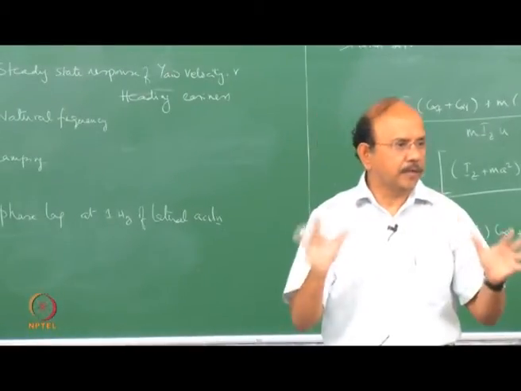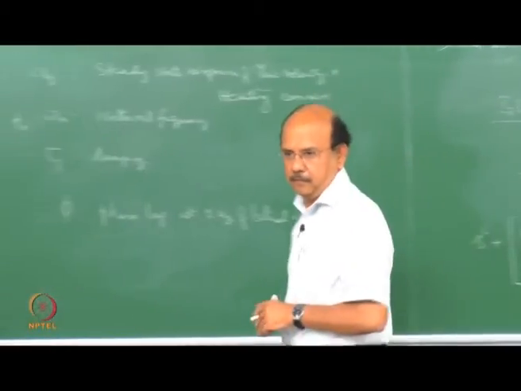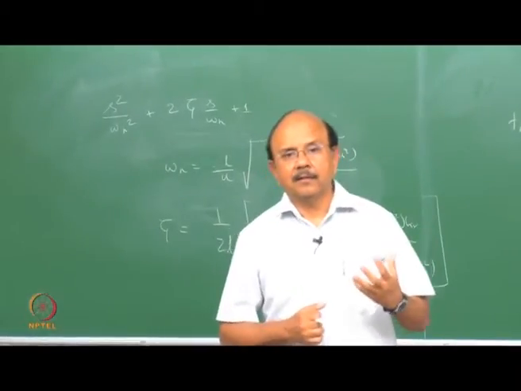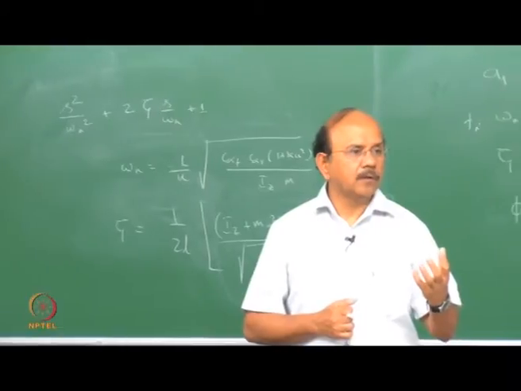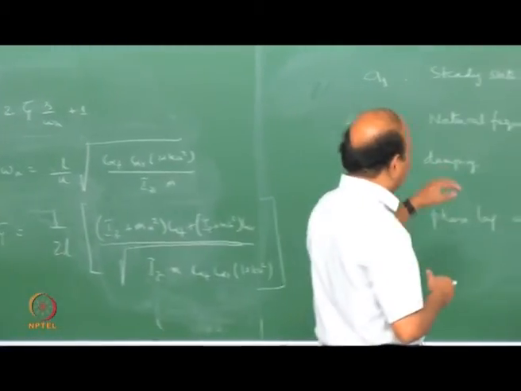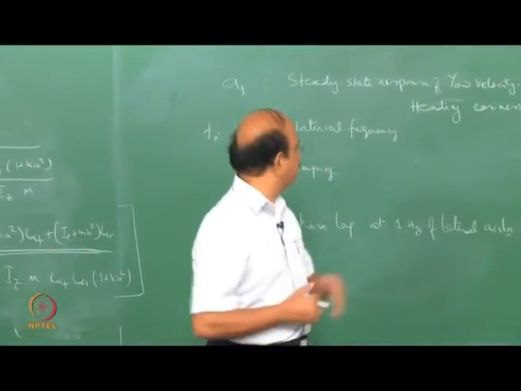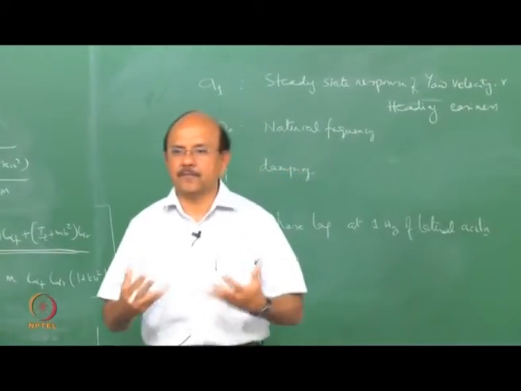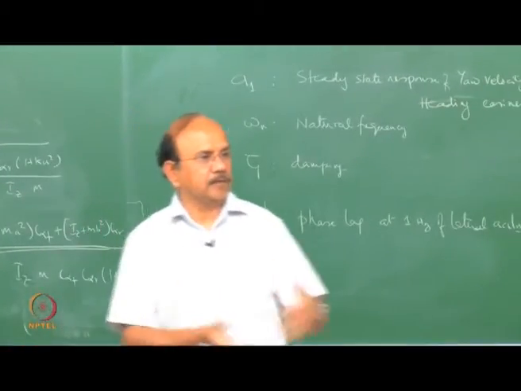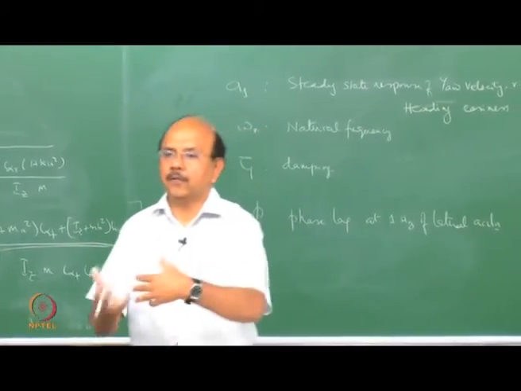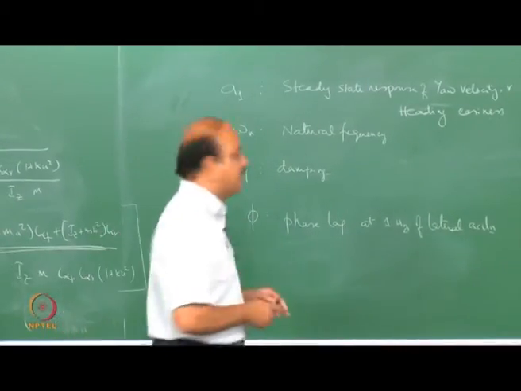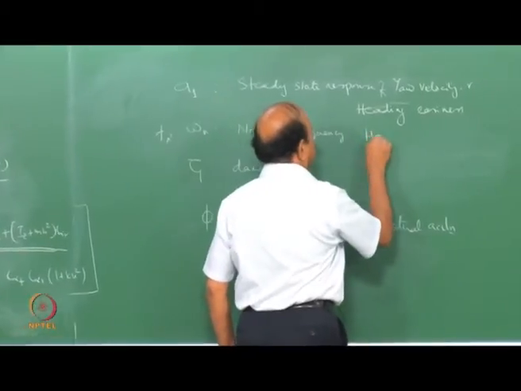Remember that you did those things for a second order system, and those were functions of 1 by omega n. So omega n, in other words, gives me the responsiveness of the system. Heading, for example, now it's heading because that's the word we use in order to understand the maneuverability. So we get what is called as heading responsiveness of the system.